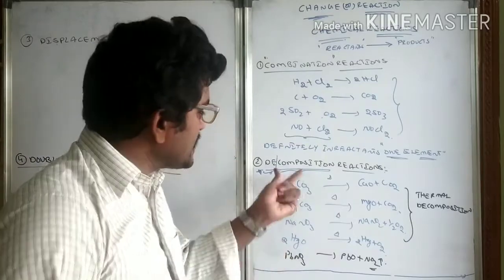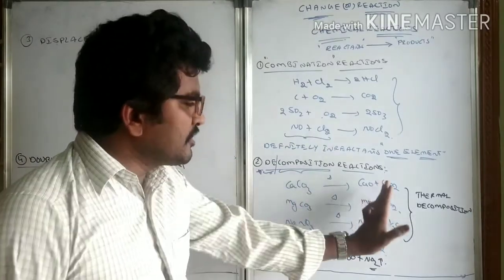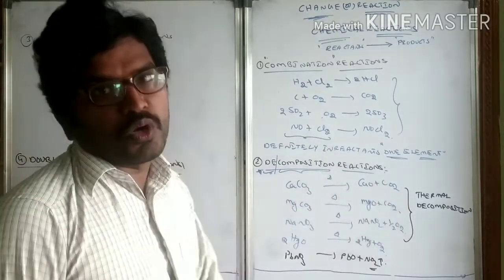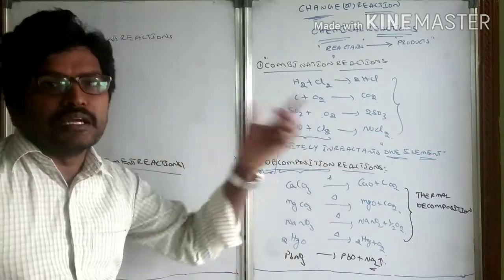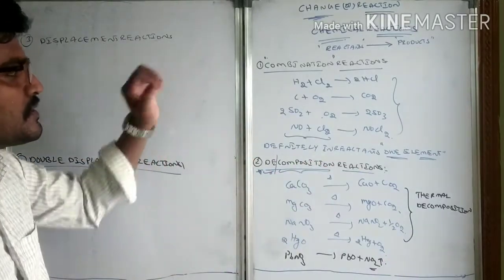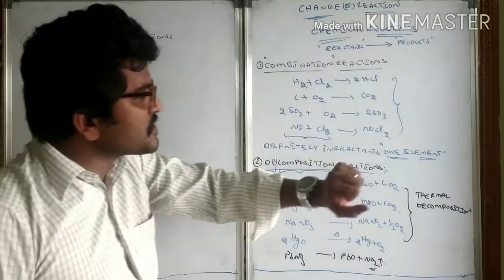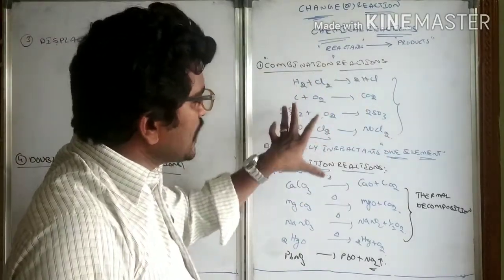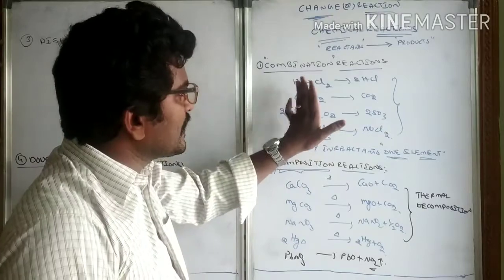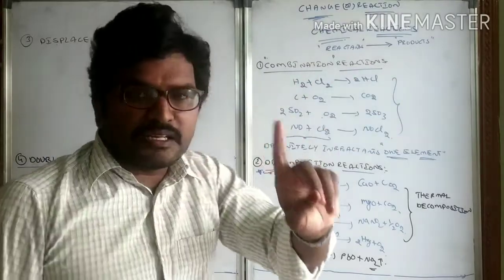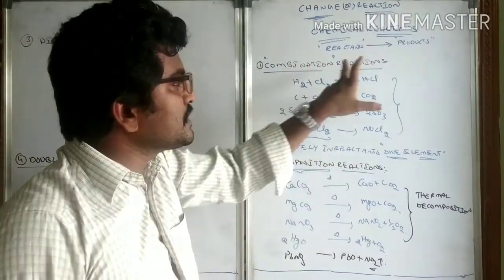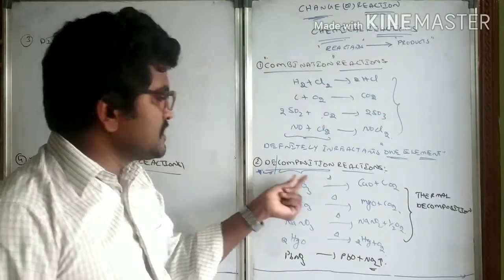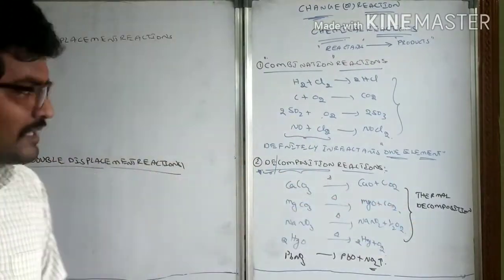Always remember one substance will be present, and after breaking it will produce 2 or more compounds. That is nothing but decomposition reactions. Clear? And combination reactions mean mostly 2 or more components will be there, and when you add them, they will finally produce one compound. That is the combination reaction, and this is the decomposition reaction.